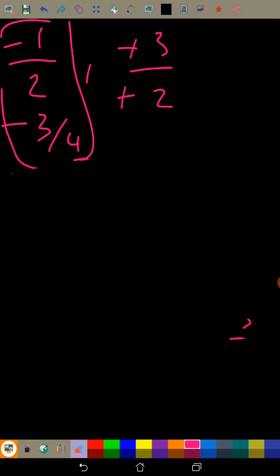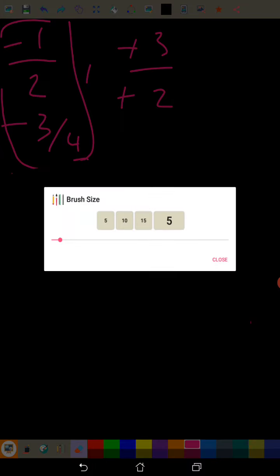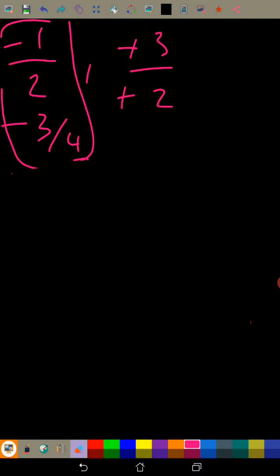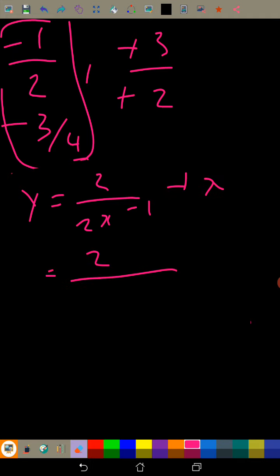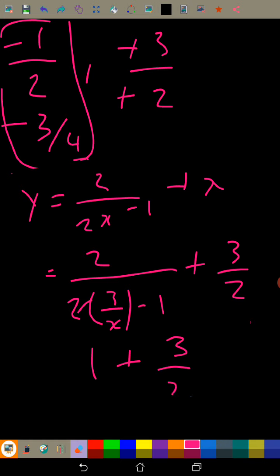And let's quickly do the other one. So once again we have y is equal to 2 over 2x minus 1 plus x, and if we put 3 divided by 2 here we have 2 over 3 minus 1 plus 3 divided by 2. So here we have 3 minus 1 is 2, we get 1 plus 3 over 2.